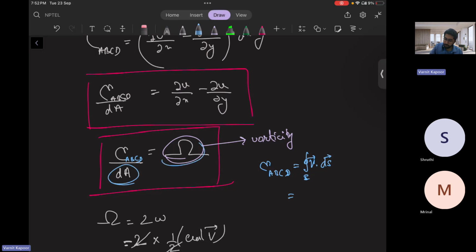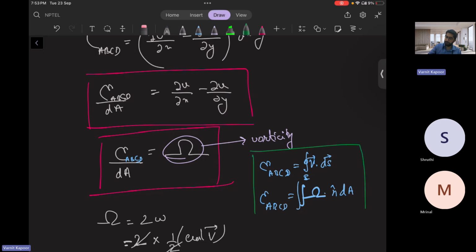From this relation, it can also be written as the dot product in the normal form, curl V dot n cap dA. This can also be written like this. This is nothing but your expression for vorticity, rotation, circulation.